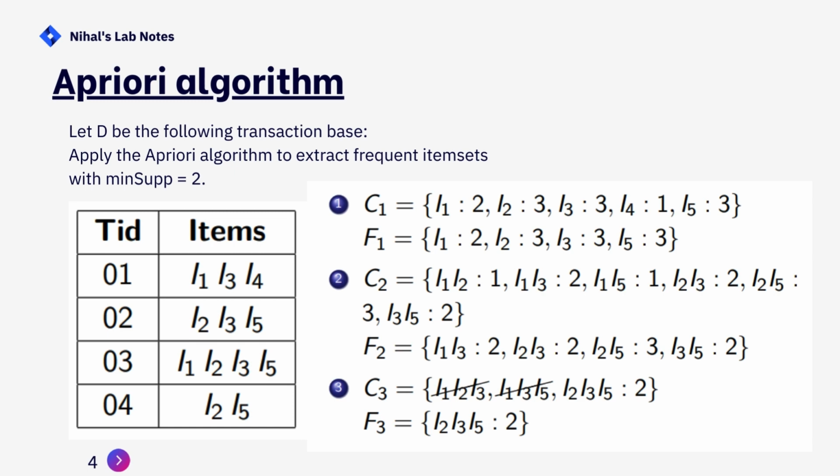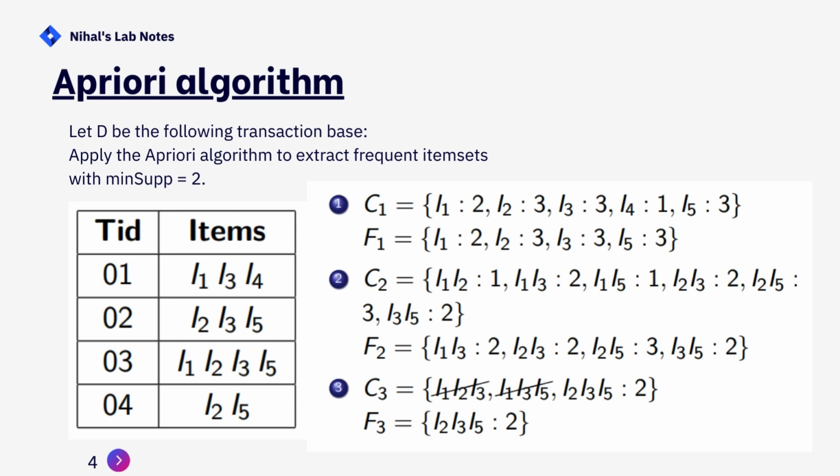With I3, I5, we have I3, I3, so it will give us I1, I3, I5. For I2, I3, we can join with I2, I5, so it gives us I2, I3, I5. Then also I2, I3 and I3, I5 also give us I2, I3, I5.